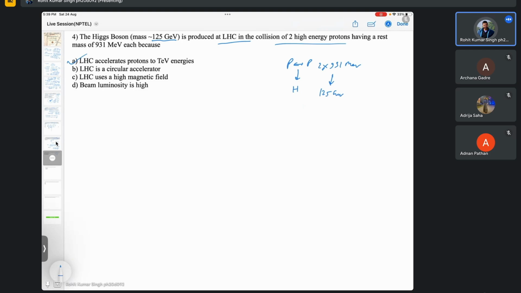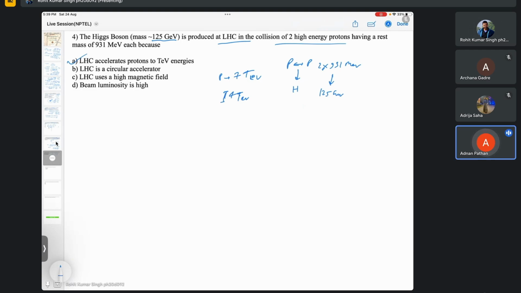Like I was mentioning some time before, right now protons can be accelerated at the LHC to 7 TeV energy. So we observe a center of mass energy of 14 TeV for the proton-proton bunches.